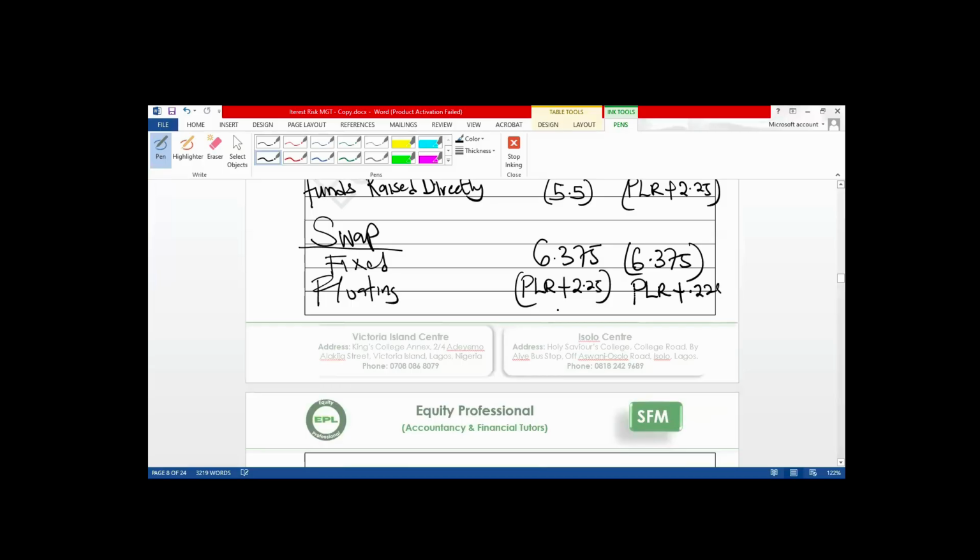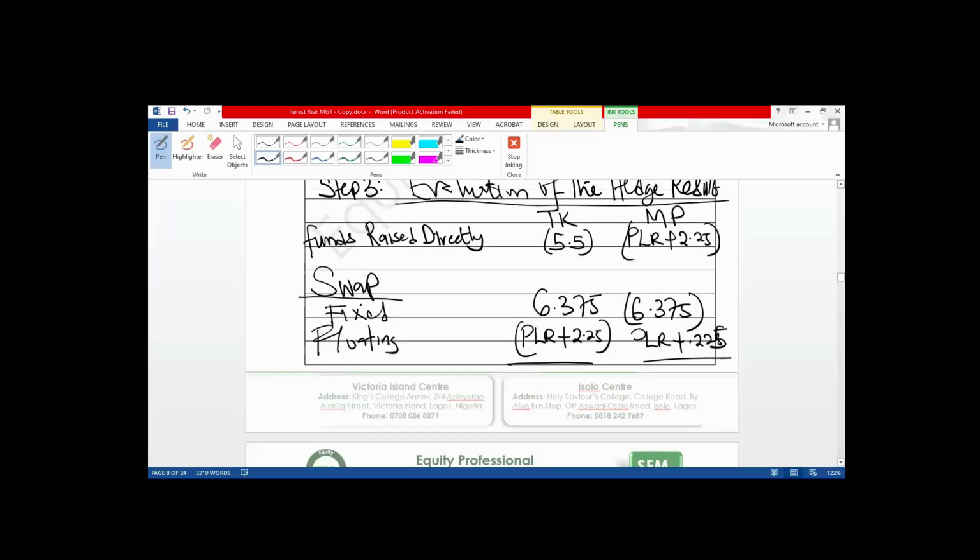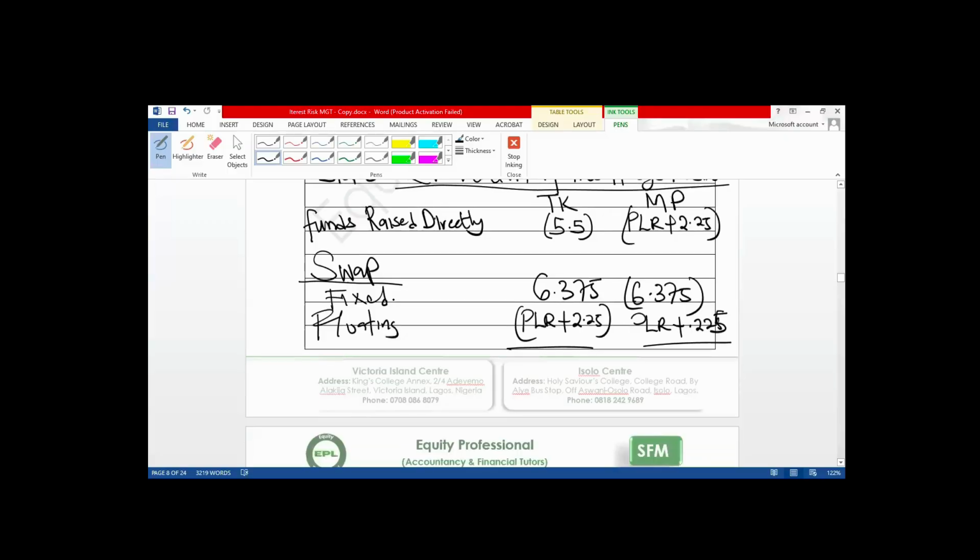This is what I'm going to do: minus 5.5, plus 6.375, minus 2.25. Remember, that is in brackets.